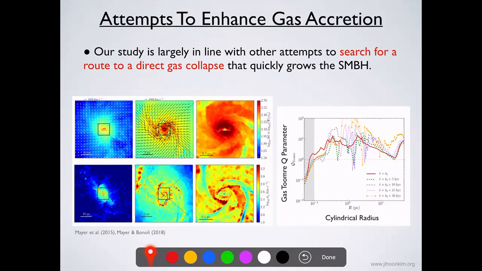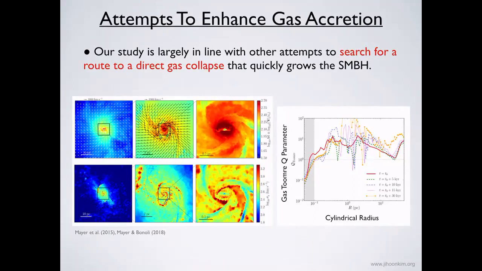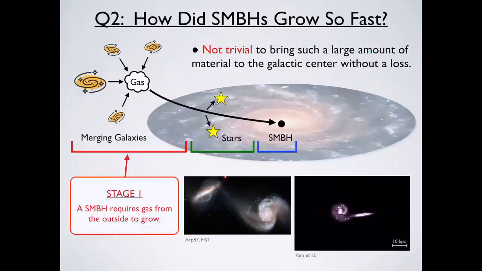So in this previous work, they included some of the turbulence physics that prevents the star formation of the gas along the way. But I don't have time to discuss in detail the other works, so I'm just going to briefly flip through some of the more recent work that I have been doing.